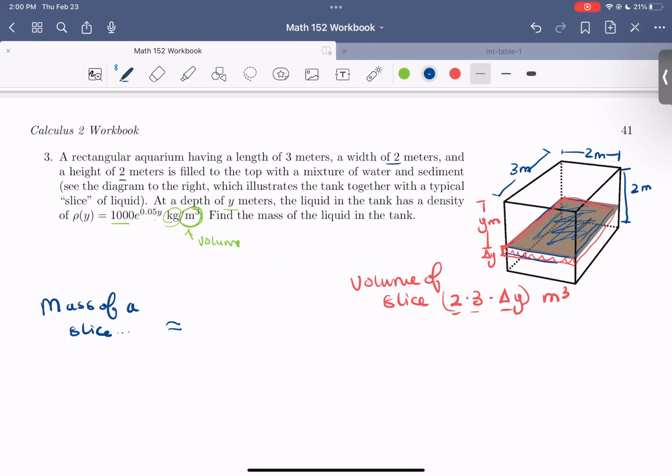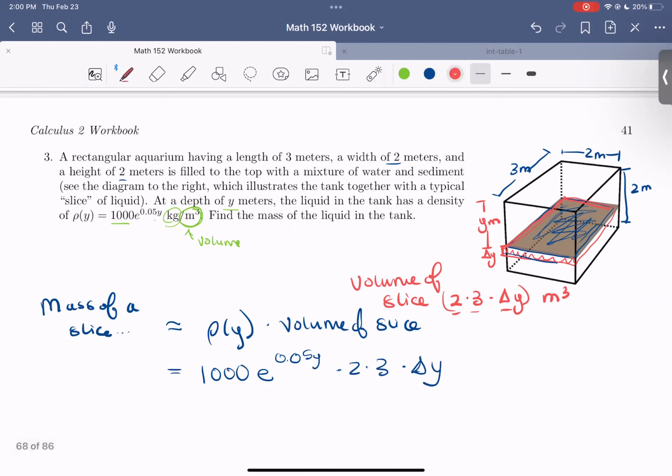Okay, so it'll be our density, rho of y, times the volume of slice. So for us, that's going to be 1,000 e to the 0.05 y times the volume of a slice, 2 times 3 times delta y.